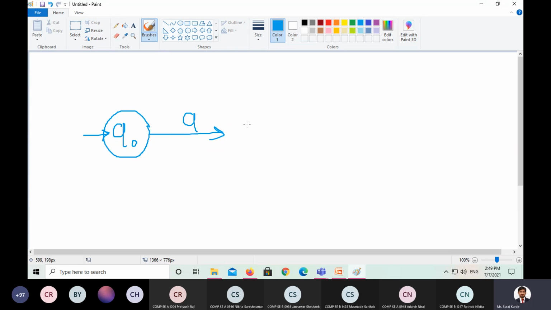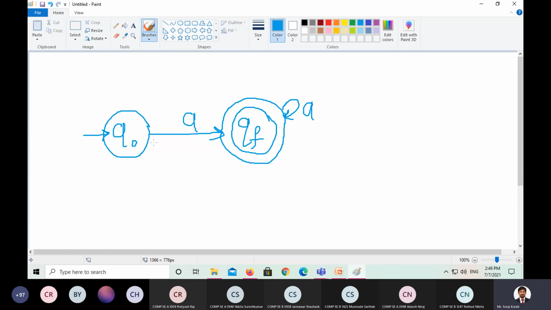You can replace this A by any other letter. Then I will write QF, mark it with a double circle, and a self loop on the second state with the same alphabet A.